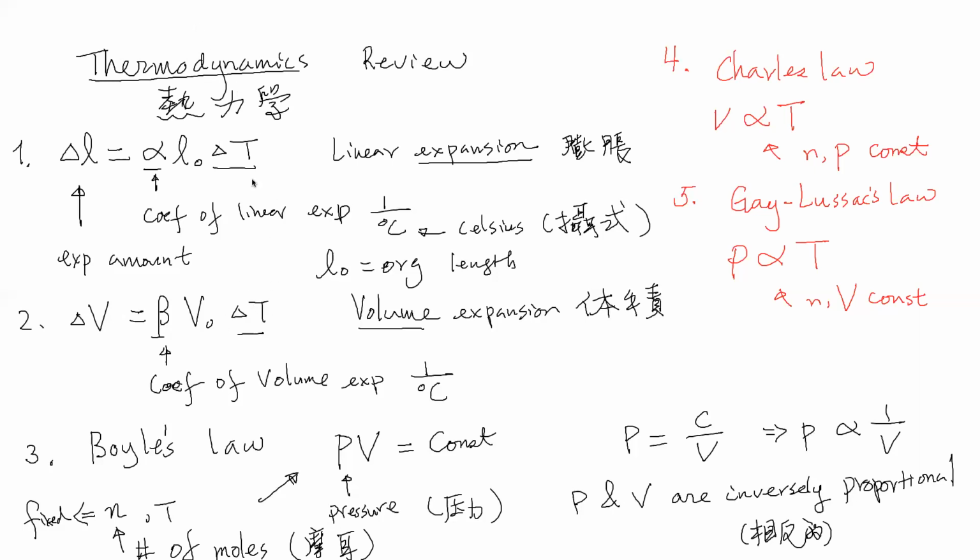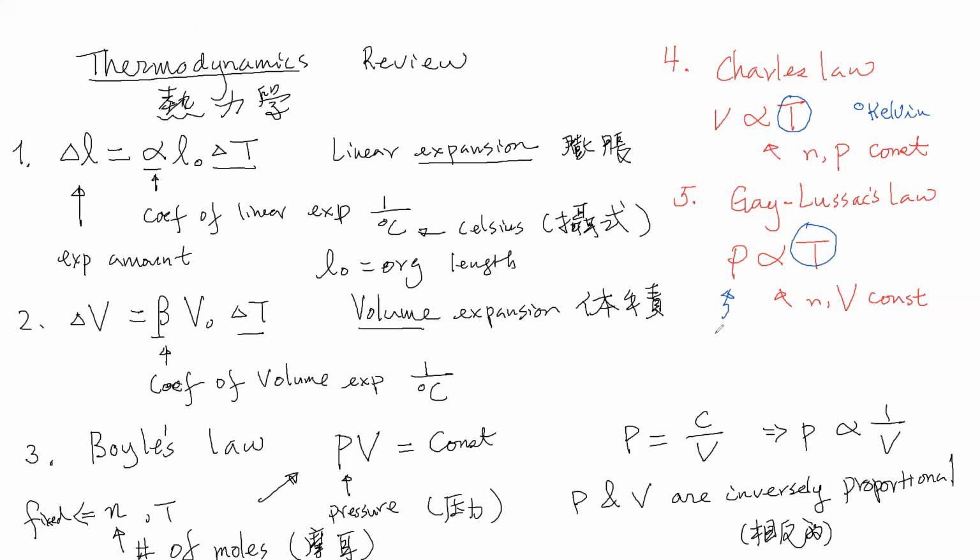The delta can be in delta C or delta Kelvin. But this T here and this T here need to be in absolute temperature, so degree Kelvin. It was derived in terms of degree Kelvin, so you have to do that, otherwise the numbers don't work.